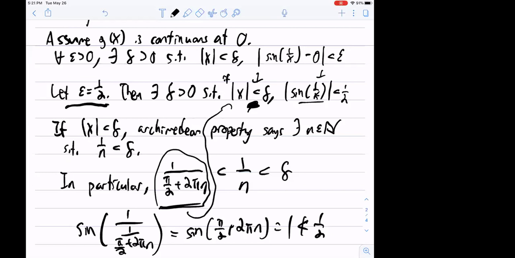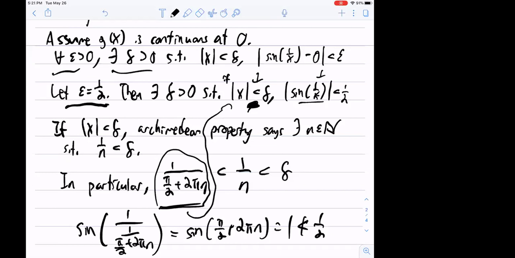So how are you going to set your delta? No, we assumed it was continuous, right? So this is continuous. For all epsilon greater than 0, there is a delta. So if it holds for all epsilon, then choose epsilon as a half. Then since we assume it's continuous, there is some delta such that it's true.